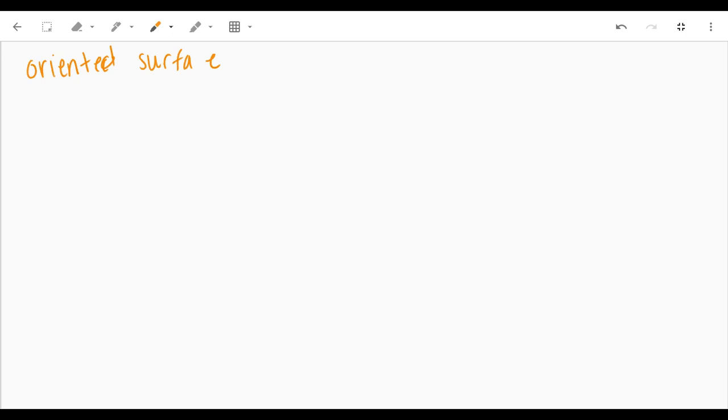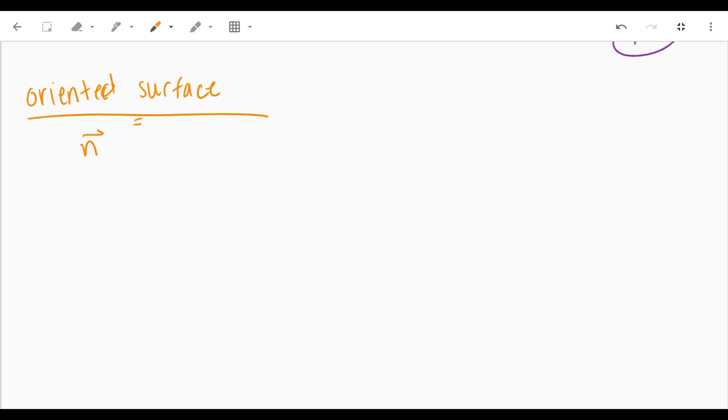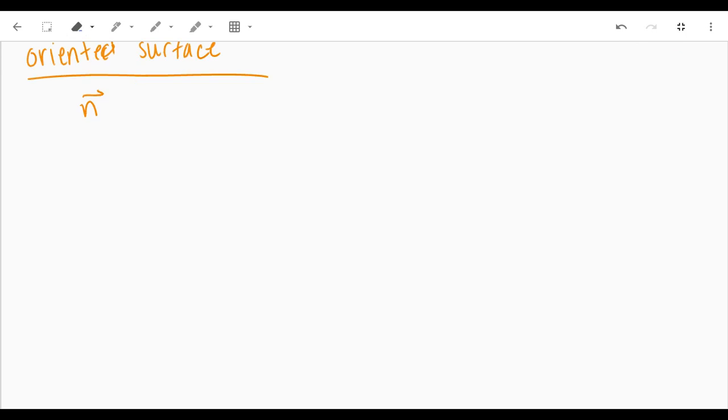If you remember, your unit normal vector, way back to chapter 10, the cross product of two vectors gives you a vector that's normal to them, and then if we divide it by the magnitude, it's a unit normal vector.